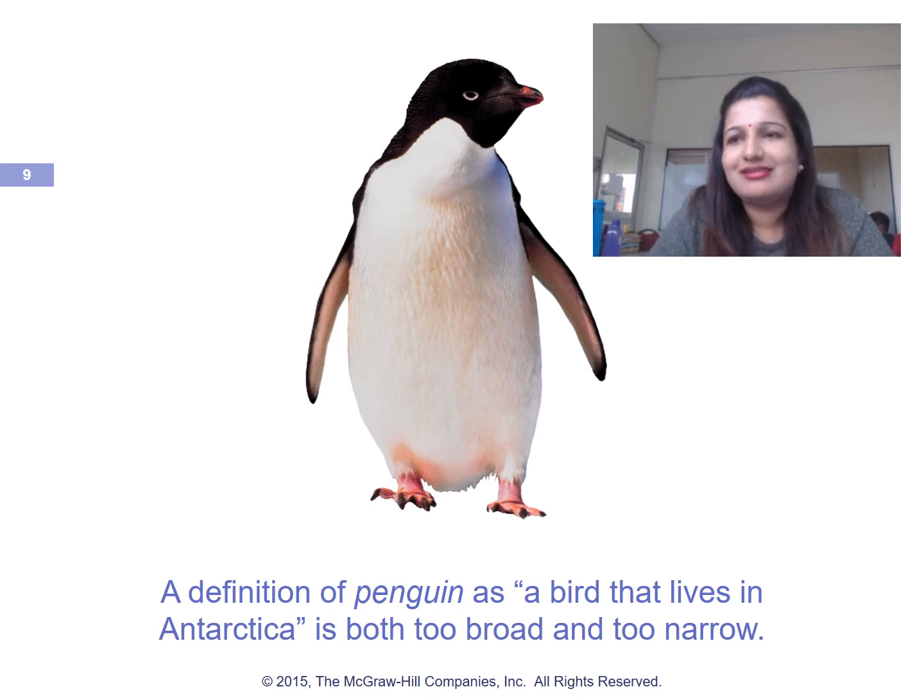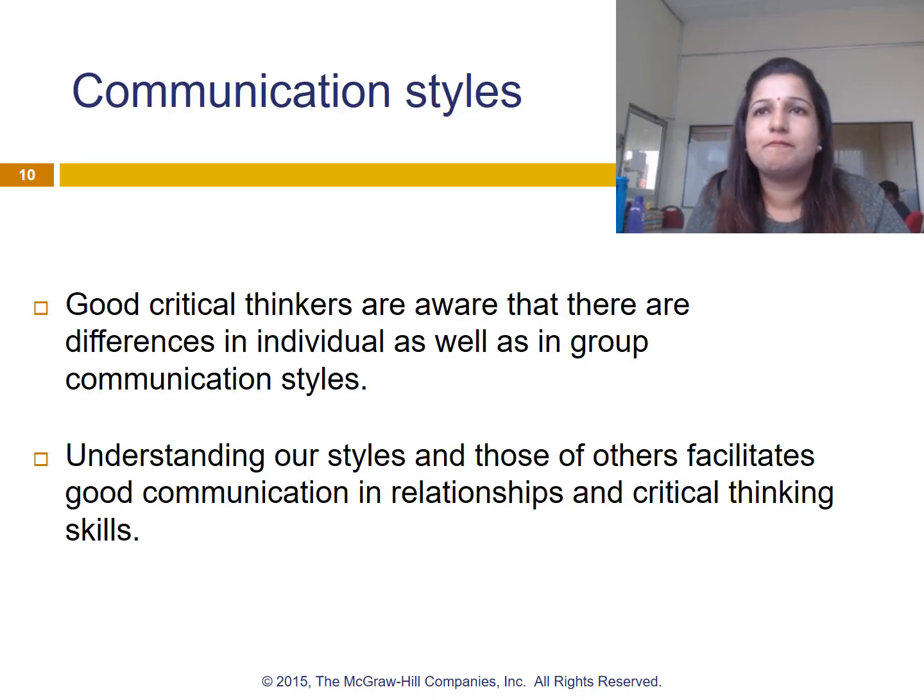Too narrow in the sense that penguins also live in other places, not only confined to Antarctica. So the definition now fails to follow the first bullet, where a good definition should never be too broad or too narrow. Okay, right, done with that.